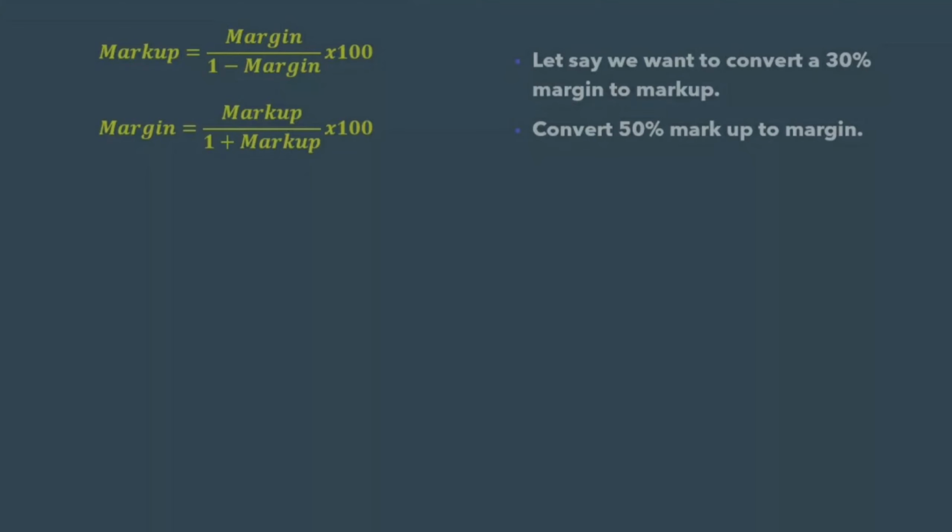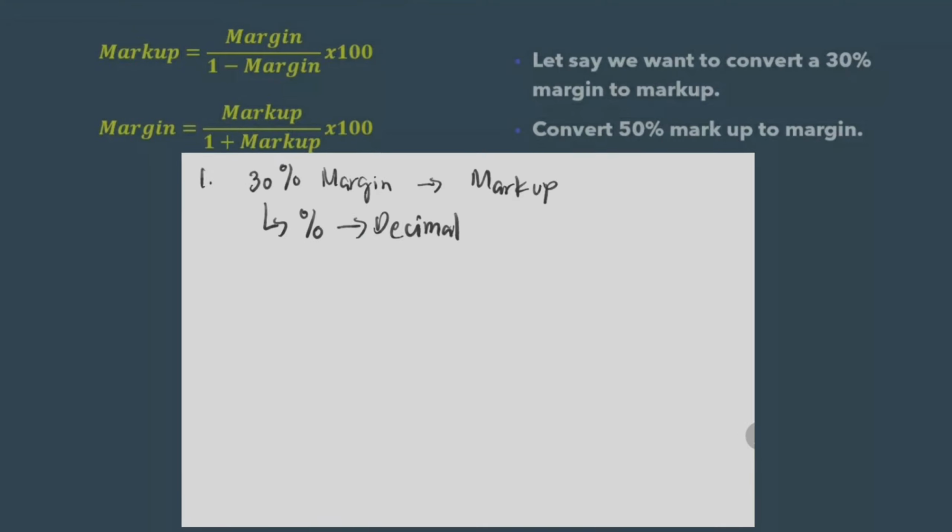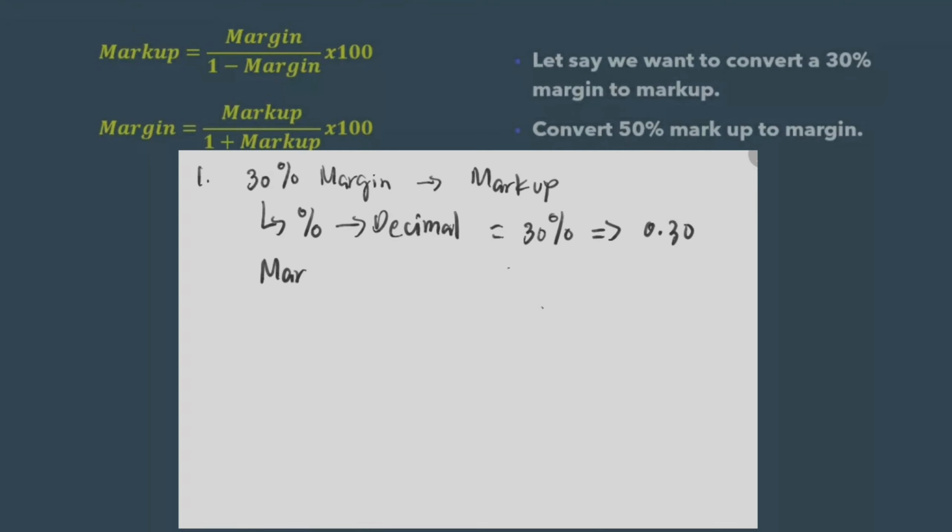Okay, so let's say we want to convert 30% margin to markup. So, our given is 30% margin and this would be converted to markup. Okay, so the first thing you have to do is you have to change percentage to decimal. So 30% would be equal to 0.30.